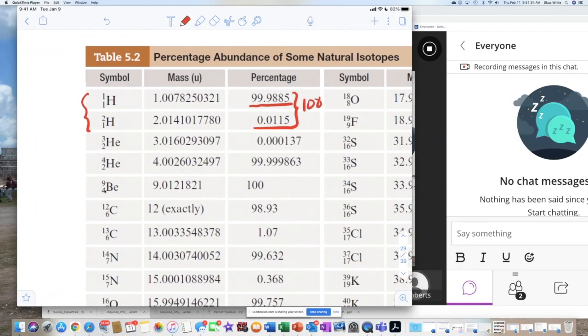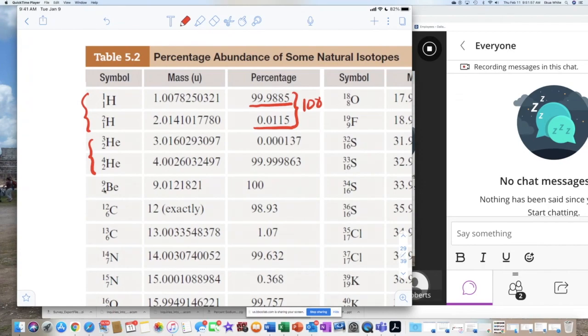Looking at helium here, they gave us 2 isotopes of helium. Say you were asked to go out there and find a sample of helium. This isotopic chart tells you which of the isotopes you should see more of, and then what percent.